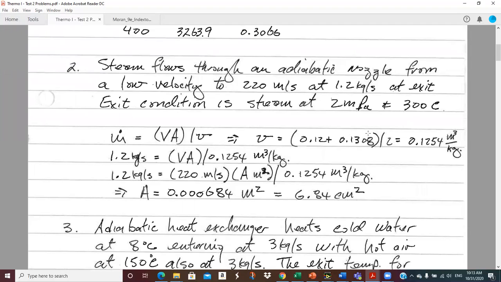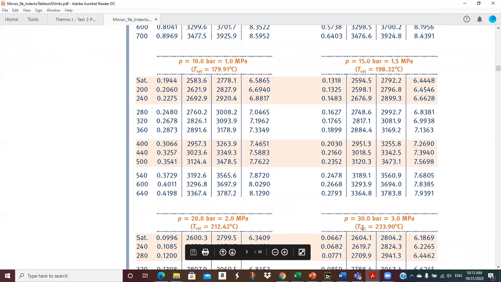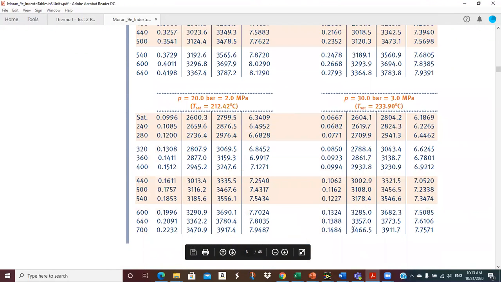And I think we had this as an interpolation. We'll go look at the tables. So we're at 2 MPa and 300. Yeah, so here's 2 MPa and we're at 300.